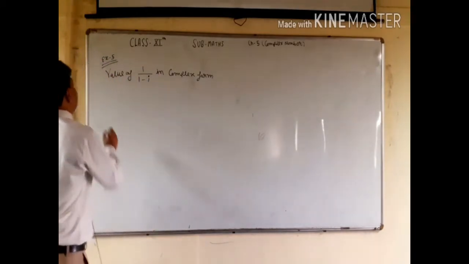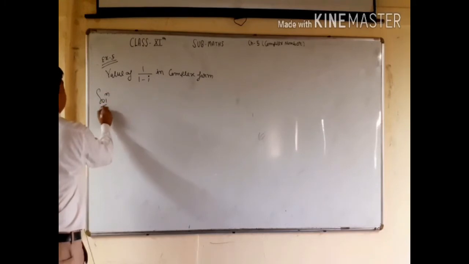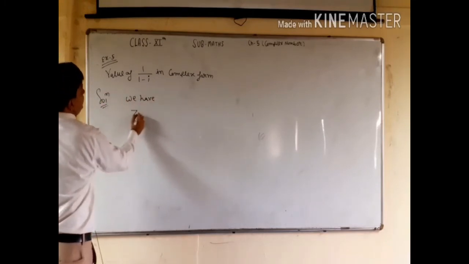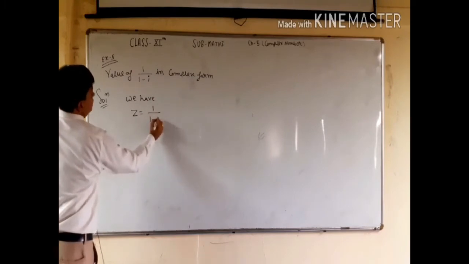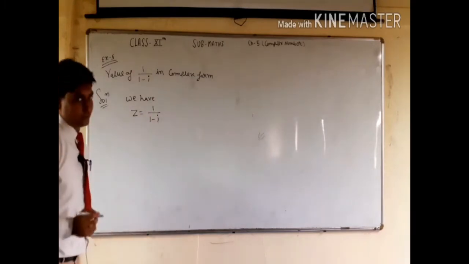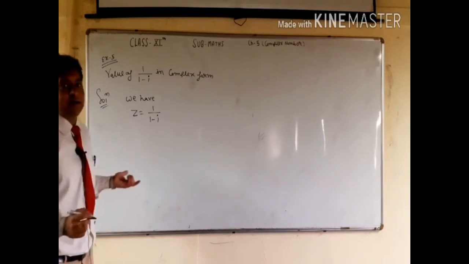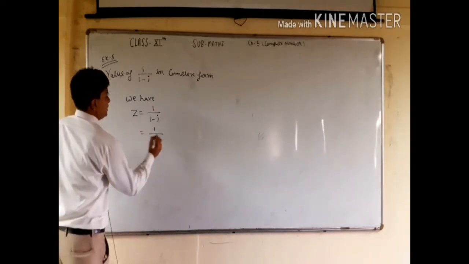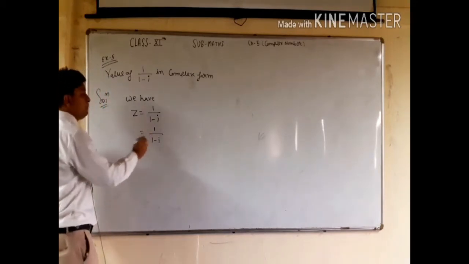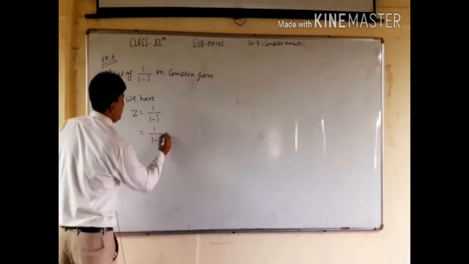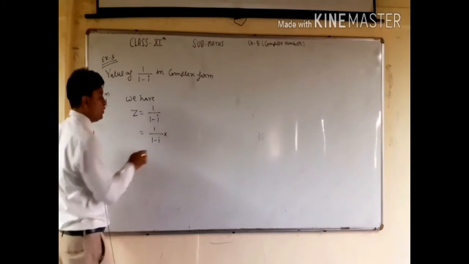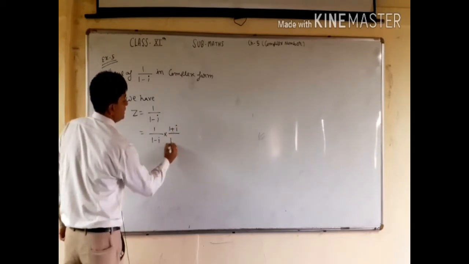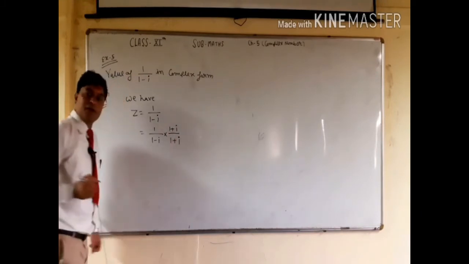We know that we have z equal to 1 upon 1 minus iota. Now again rationalize. So the rationalization is 1 upon 1 minus iota multiplied by, we change the sign of iota, so this is 1 plus iota and this is 1 plus iota.